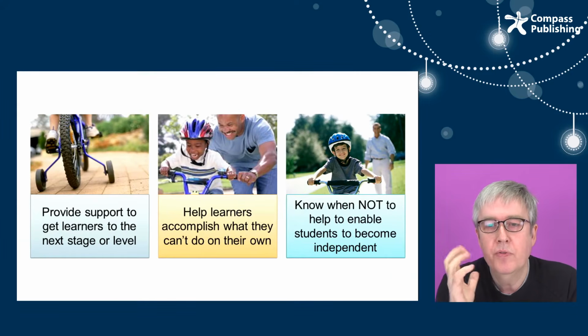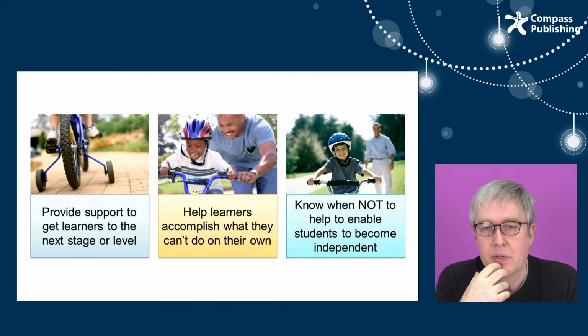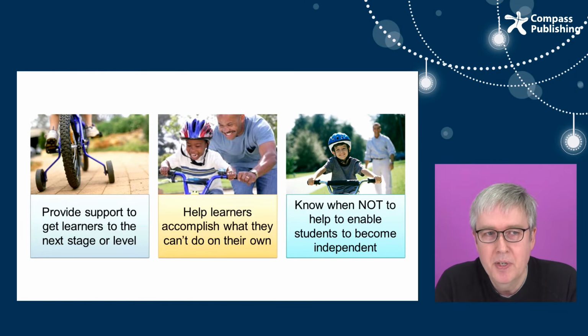One useful analogy, one useful metaphor, is learning to ride a bicycle. I'm sure if some of you are parents, you've taught your kids how to ride a bike, or if you know how to ride a bike, you've gone through this process as well. Usually when kids are learning to ride a bike, we give them some strong support.